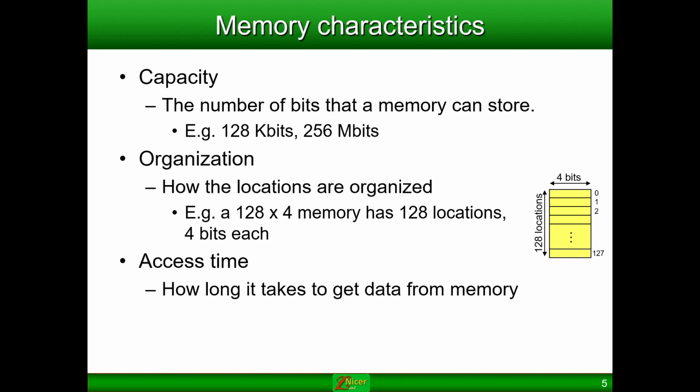Next we have memory characteristics. First of all, we talk about the capacity. When we say we have a 1 TB drive in our computer or laptop, or a 256 GB SSD, that is the capacity of the memory we are talking about.